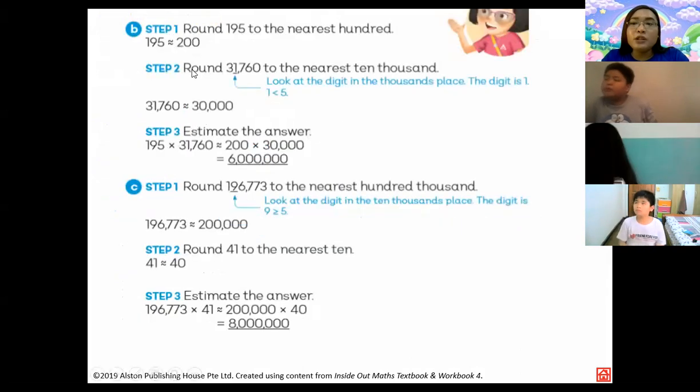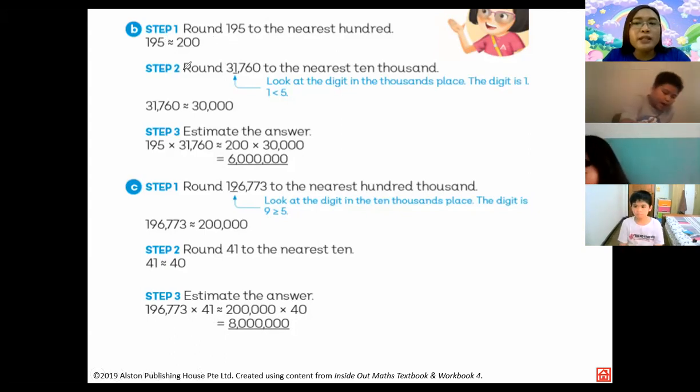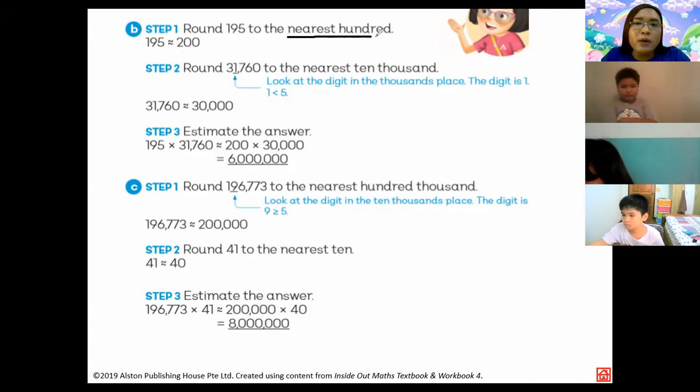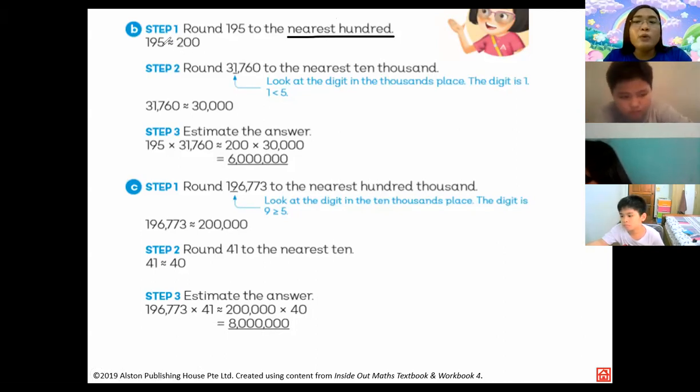Here's the solution. Step number 1: we have to round 195 to the nearest 100. 195 rounds to 200, because 195 is closer to 200 than to 100.